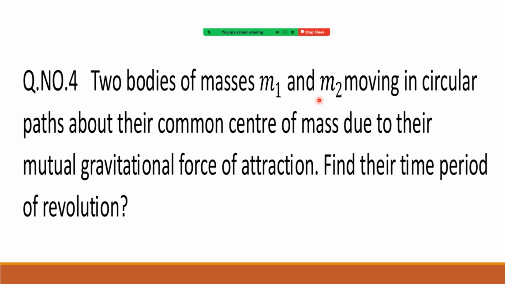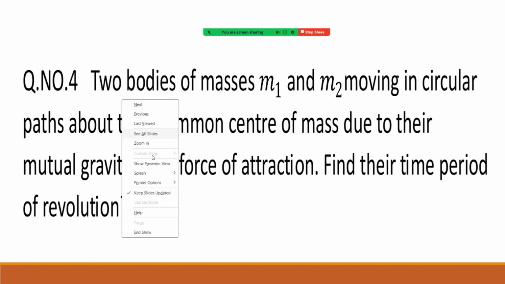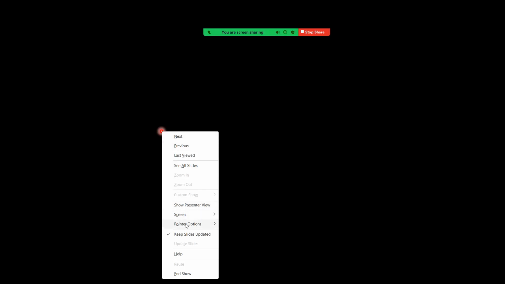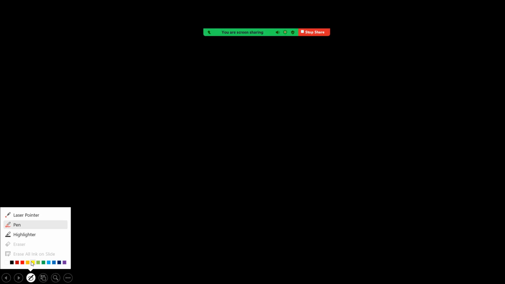So they are moving about their common center of mass, right? See how to solve it. Let us take two point masses m1 and m2, and suppose the separation is d.